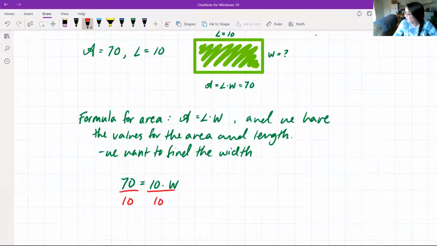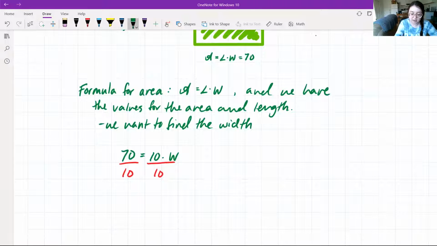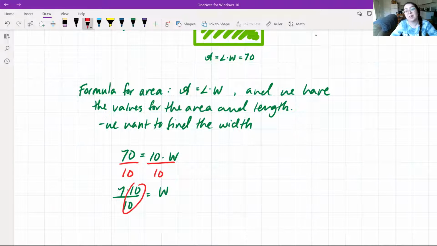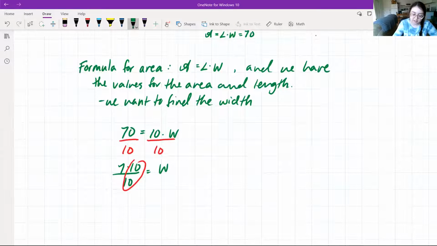When we do, 70 can be separated out into 7 times 10, where we're dividing by 10. We see we have a 10 in our numerator and our denominator, so we get that W is equal to 7.